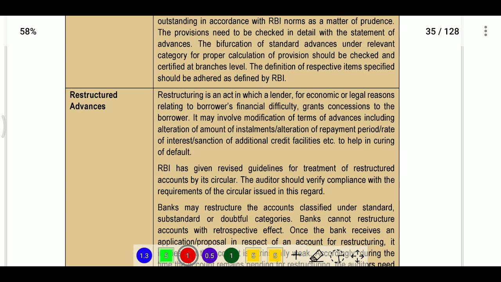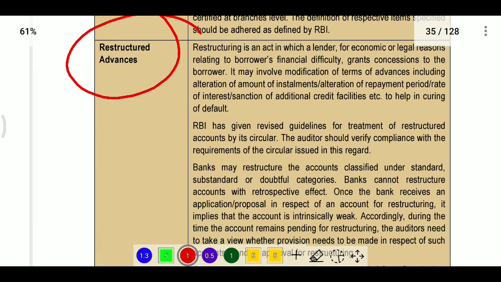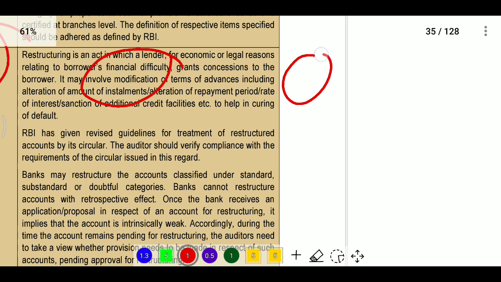Next, restructured advances. Restructuring is an act in which a lender grants a concession to a borrower for a reason relating to the borrower's financial difficulty.